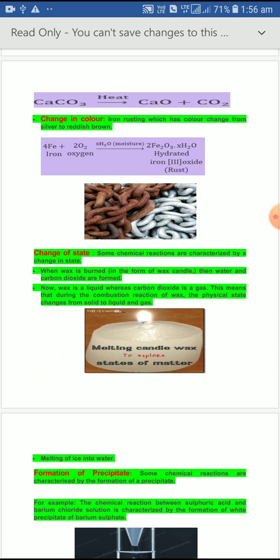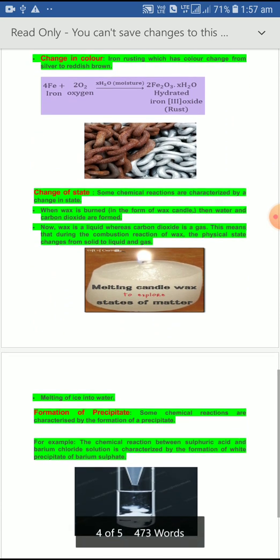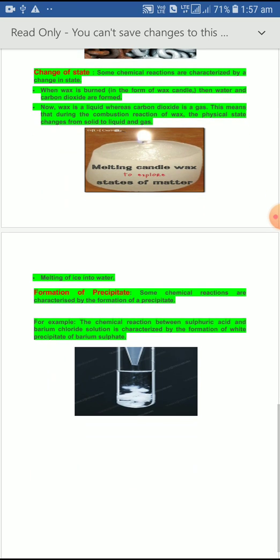When you burn wax, it melts and converts into liquid along with the evolution of carbon dioxide gas. This means that during the combustion reaction of wax, the physical state changes from solid first to liquid and then to gas. This is one of the characteristics of chemical reactions.